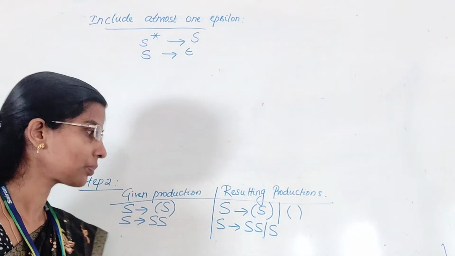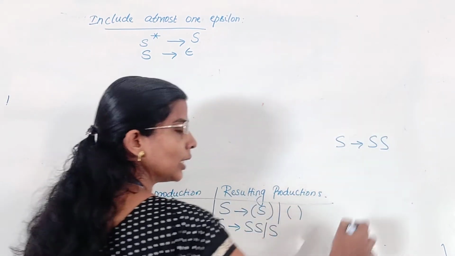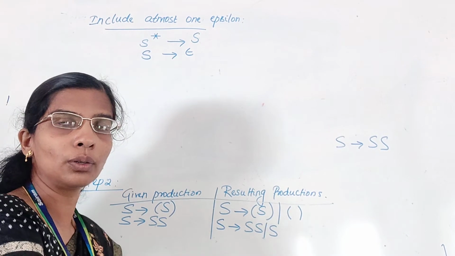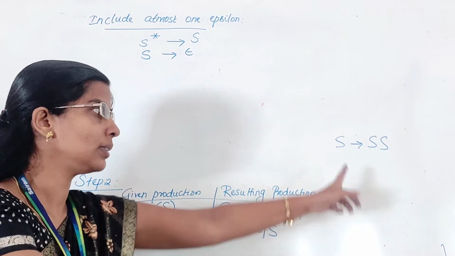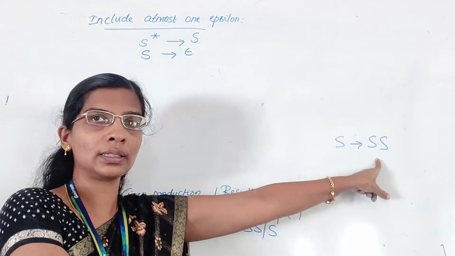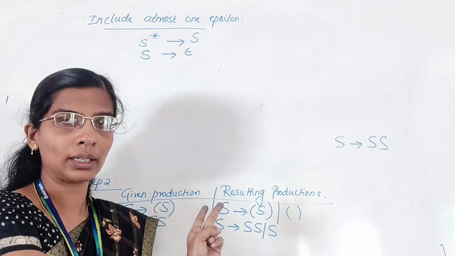Take this rule, S tends to SS. Check whether this is a symmetric rule. LHS, I have only 1 S, and this S is in RHS 2 times. So it is a symmetric recursive rule.